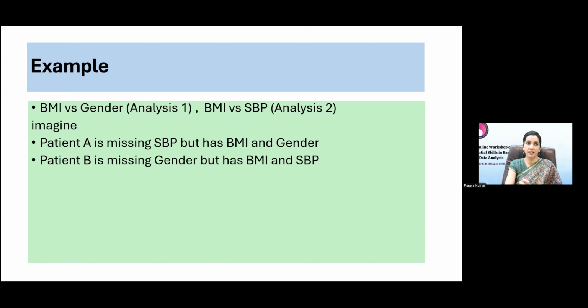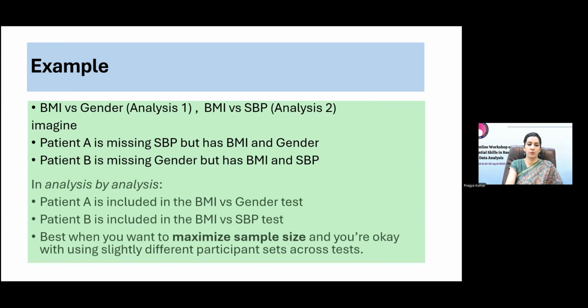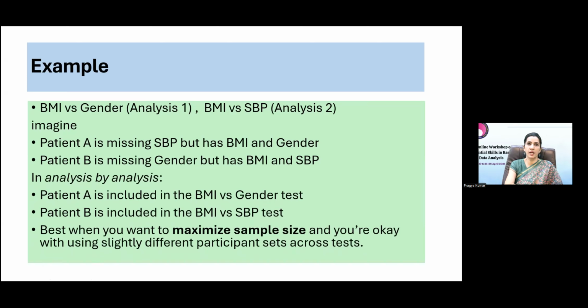Patient A has a missing SBP, but has BMI and gender, and patient B is missing gender, but has BMI and SBP. So in analysis by analysis, what will happen? Patient A will be included in BMI and gender, and patient B, since gender is missing, will be included in BMI versus SBP.